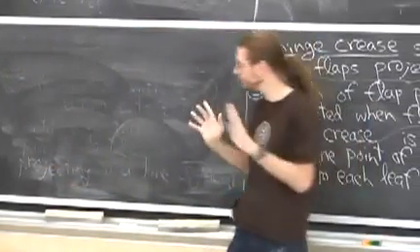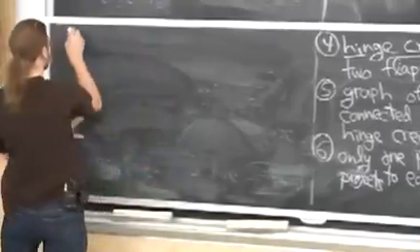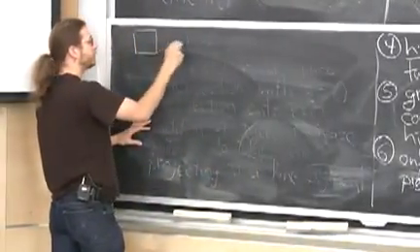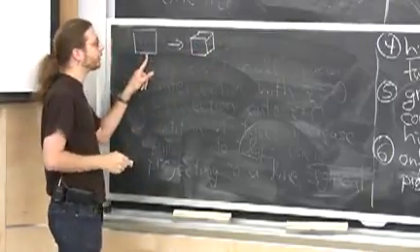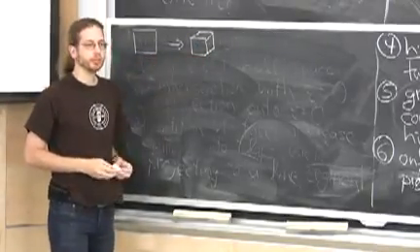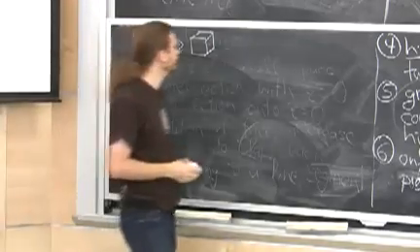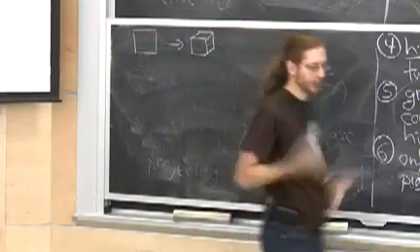And let's start with a super simple example, which is I want to fold a square into a cube. How big a square do I need to fold a unit cube? Or how big a cube can I fold from a unit square? Either way.